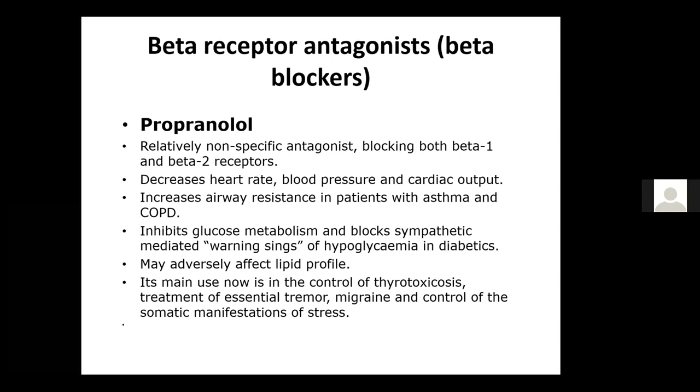Beta blockers, okay? Beta blockers, as you know, come in two classes. There are the ones which are non-selective, and then we have the ones which are selective. And in the selective ones, we have the ones which are alpha blockers and the ones which are not alpha blockers.